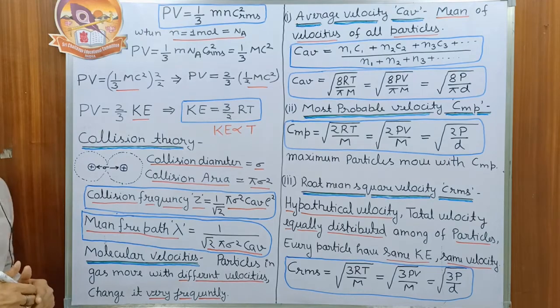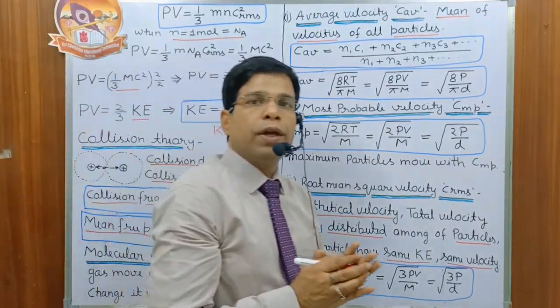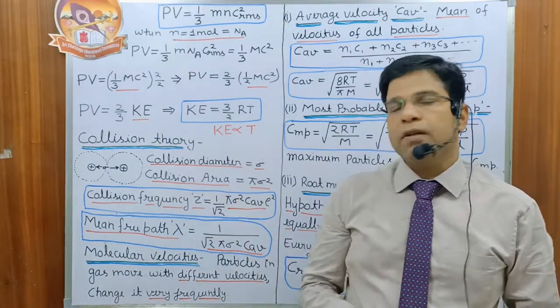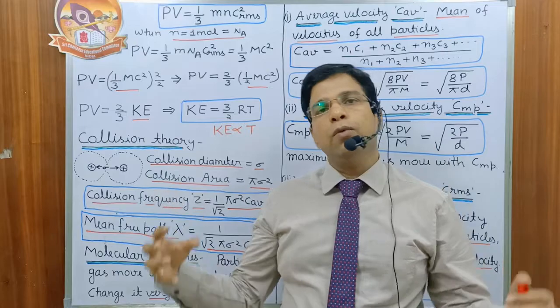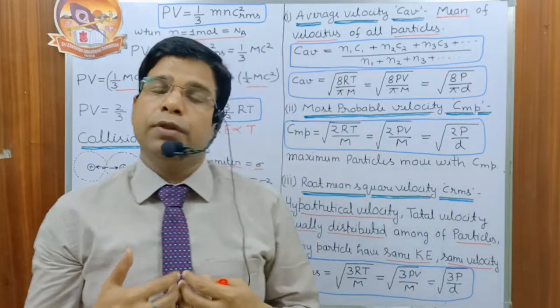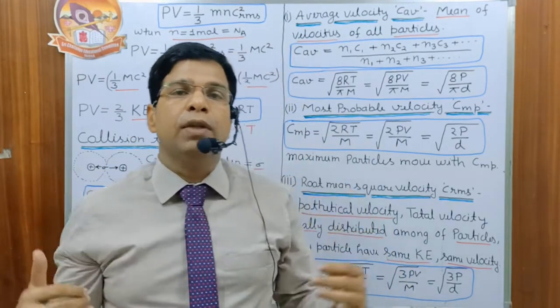Now we have the collision theory. Molecules collide together, and what are the different terms related to that? Suppose two molecules have their closest approach. Molecules don't have a physical boundary, they only have the electron cloud.